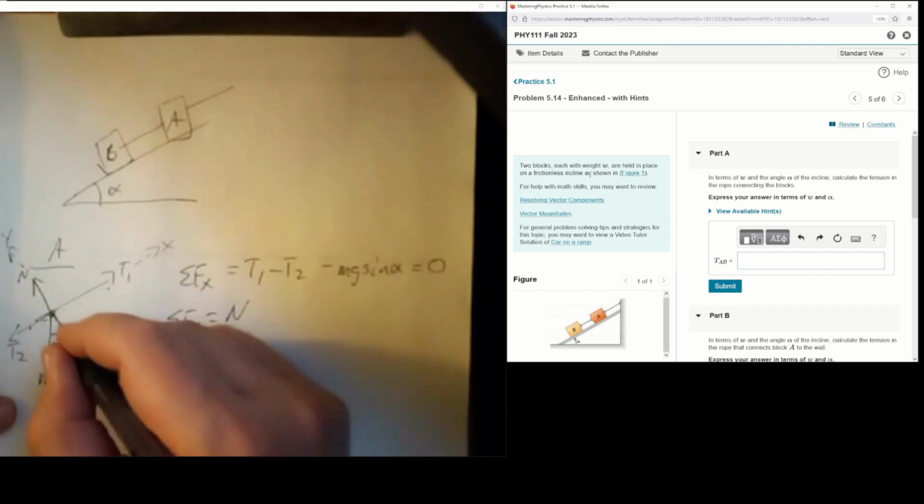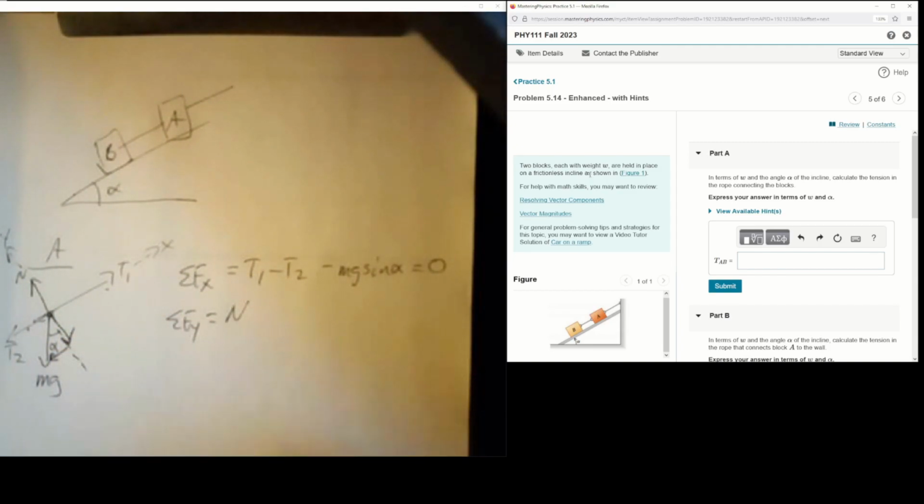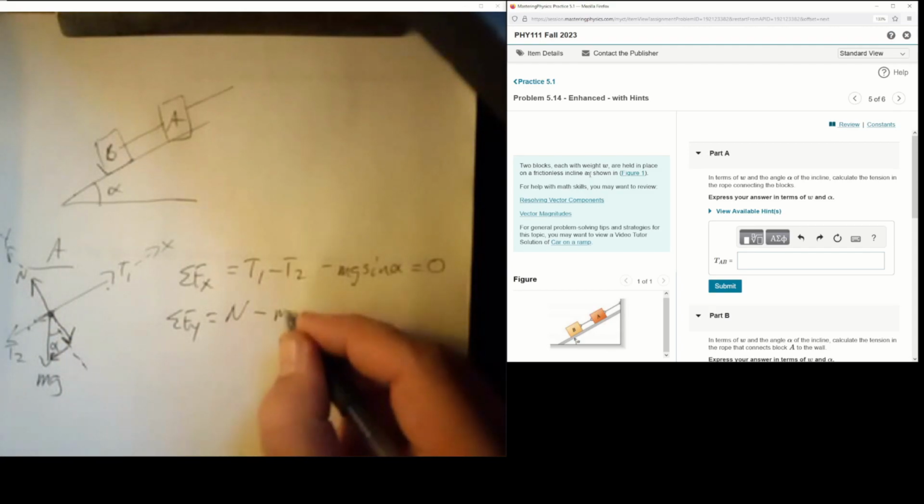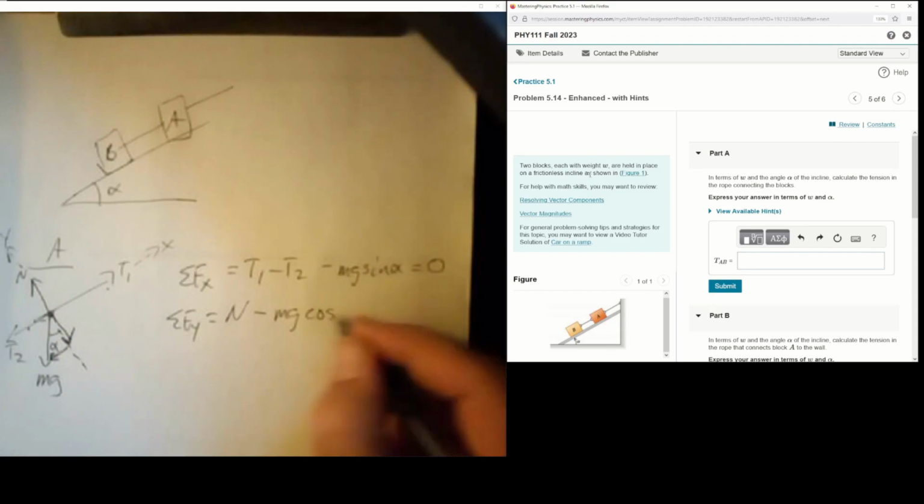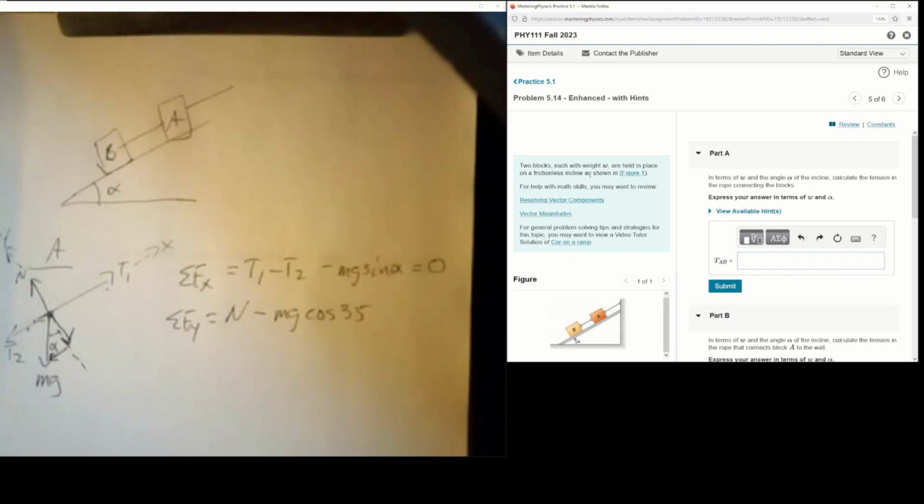And then this component from weight is in the negative direction. It's the adjacent leg of the right triangle. Cosine will get us the adjacent. Not moving up or down on a ramp, just sitting there. So the acceleration is 0, which means the whole equation equals 0.